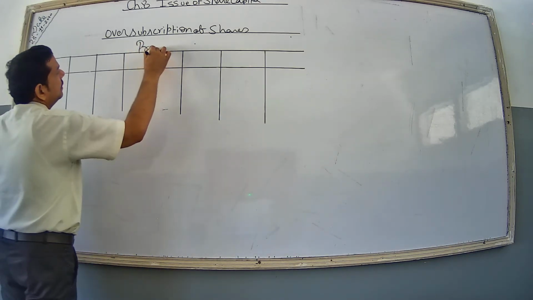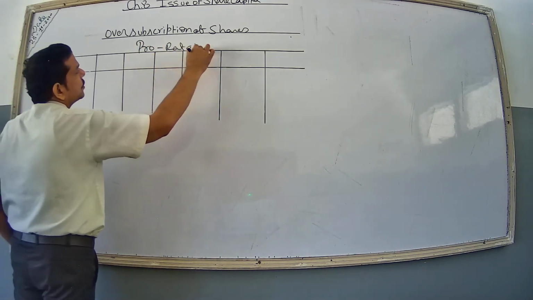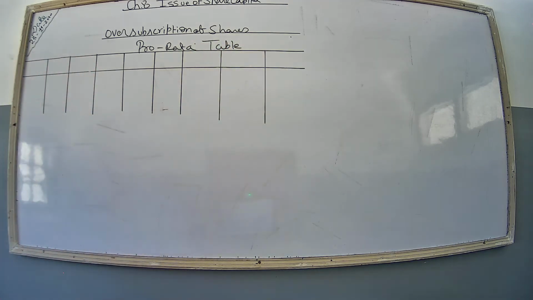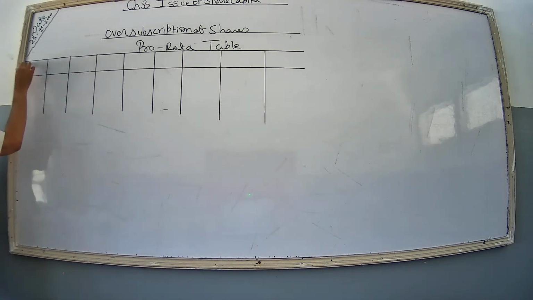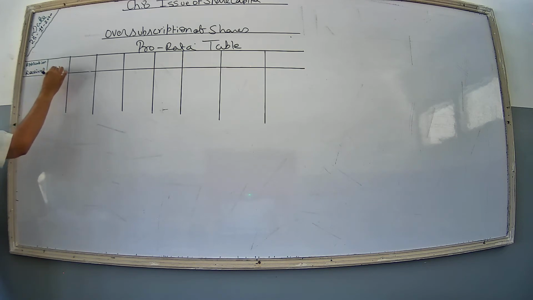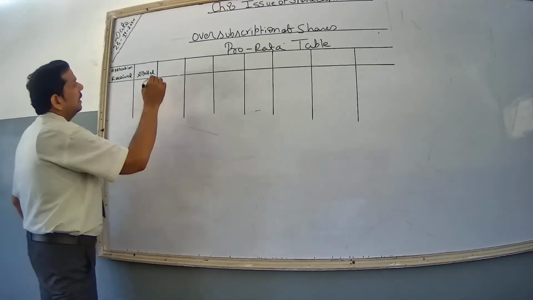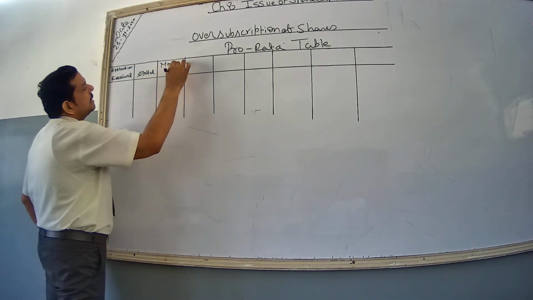This is called the pro rata table, meaning proportionate allotment table. The first column is application received, then allotted. Third column, money received.